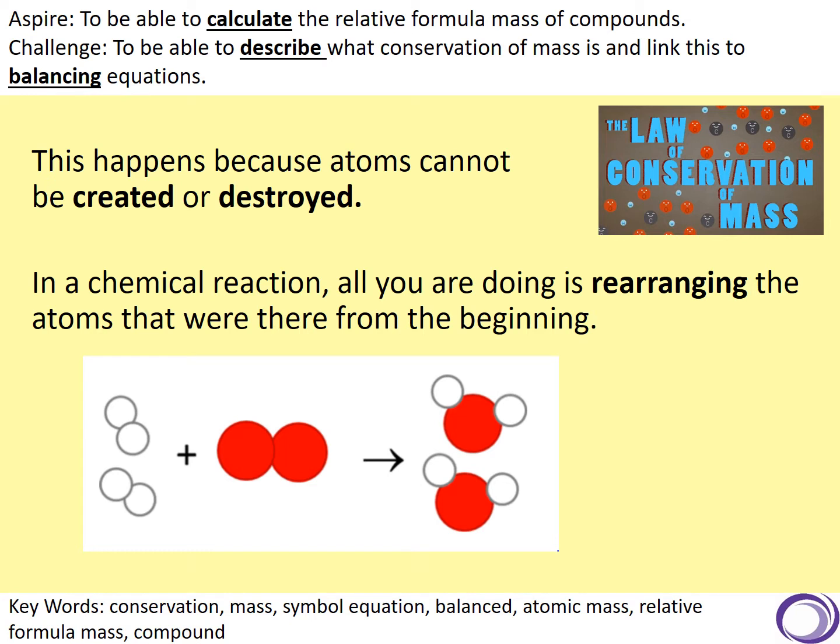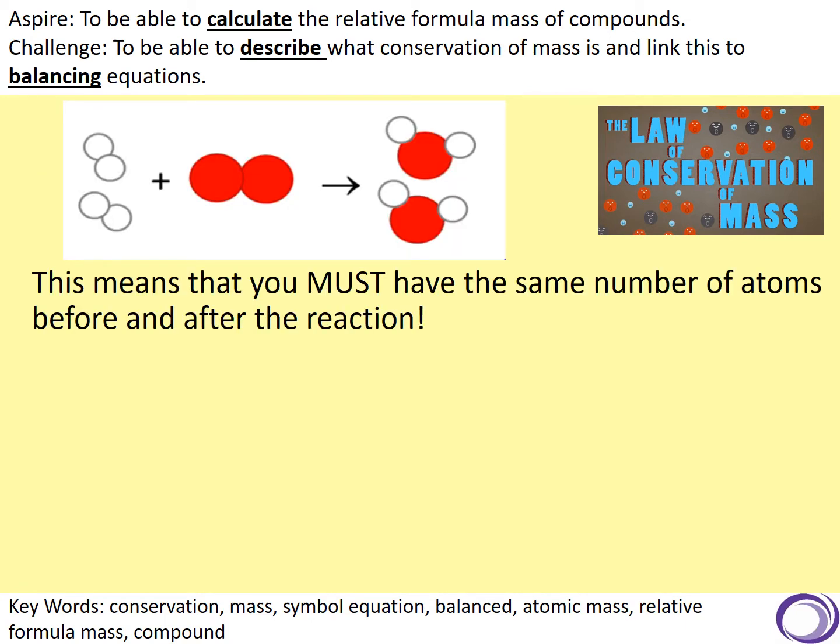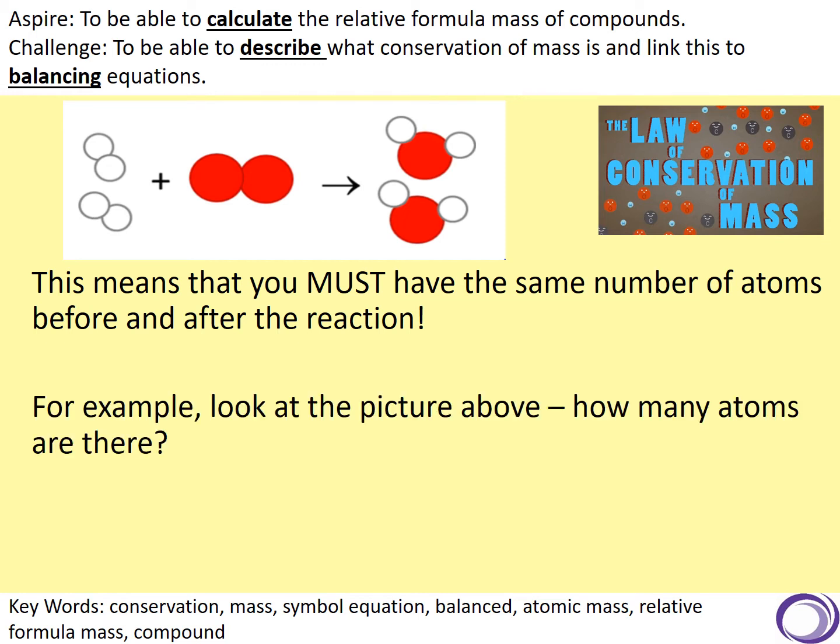But we still have the same total number of red atoms and white atoms. So this means you absolutely have to have the same number of atoms before and after the reaction. So in other words, on both sides of the arrow, because the arrow indicates that a reaction has happened.